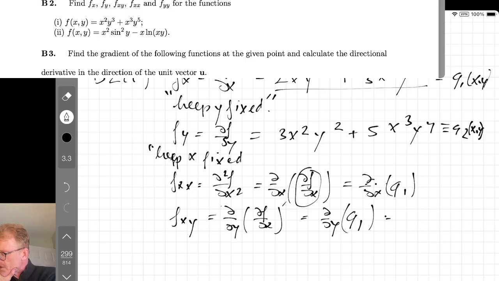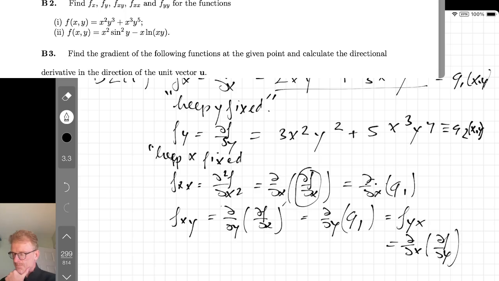And this, of course, as a check, should be fyx. When I'm doing this, the d/dx is the one on the outside, and then the one on the inside. So that's all what you need to do, right? And then 2, I leave 2 to you to do.